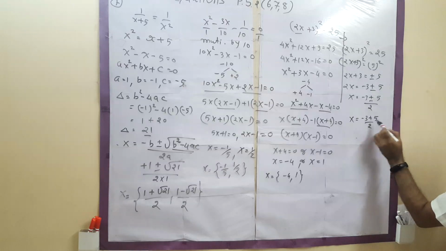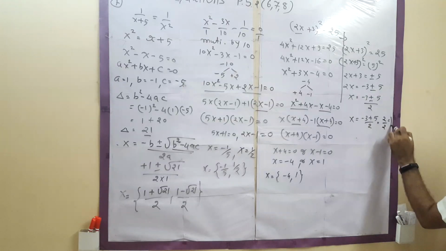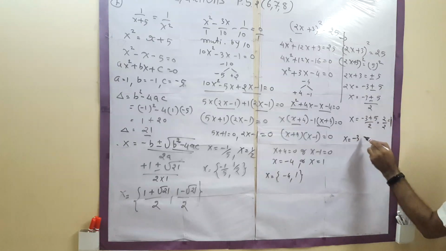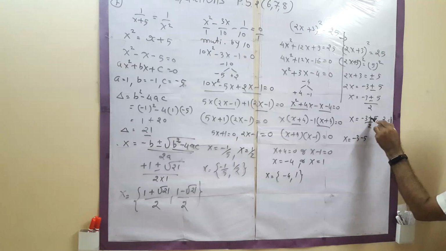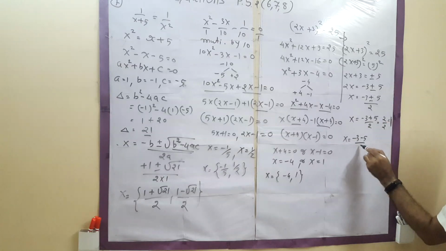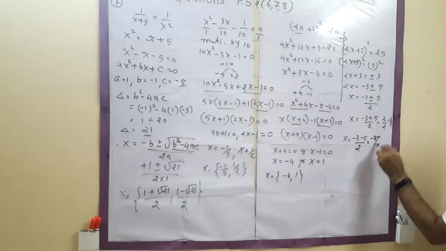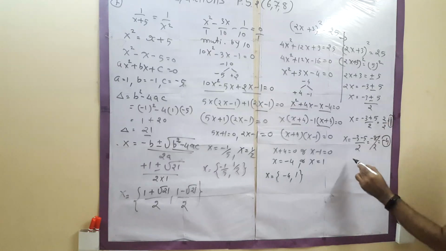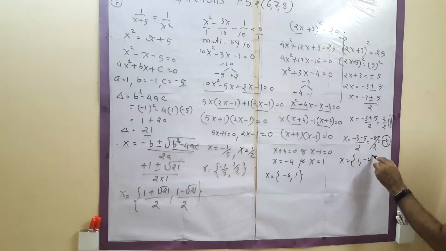This is equal to 5 minus 3, 2 by 2, that is 1. And the second time minus 3. One time I have taken plus 5, now I will take minus 5 by 2. So minus 8 by 2, so x is equal to 1 and minus 4.